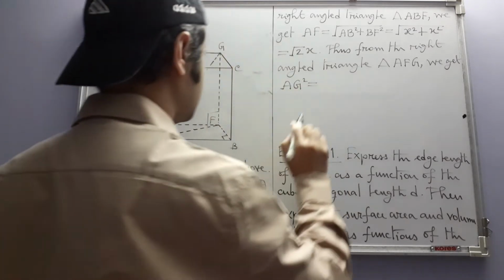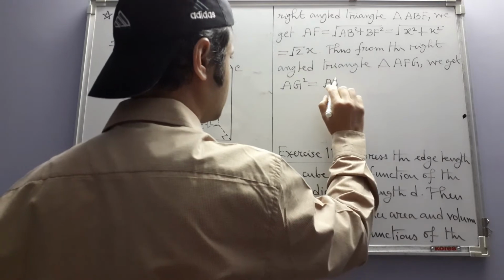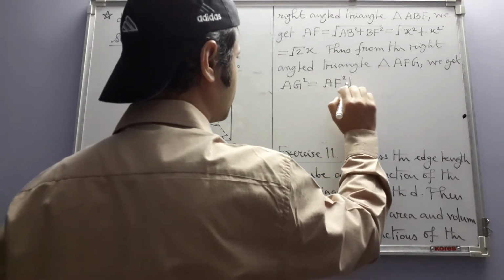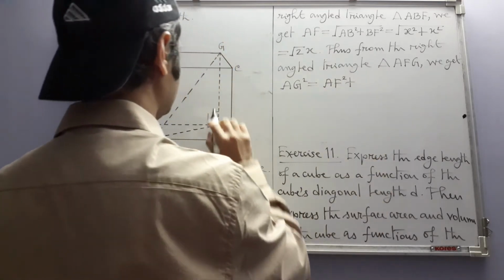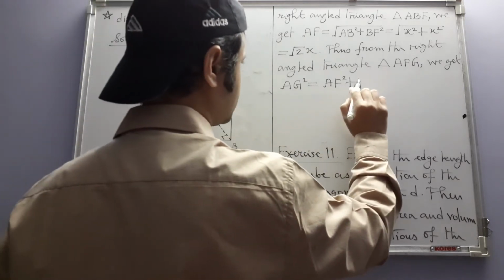AG square is equal to AF square plus FG square.